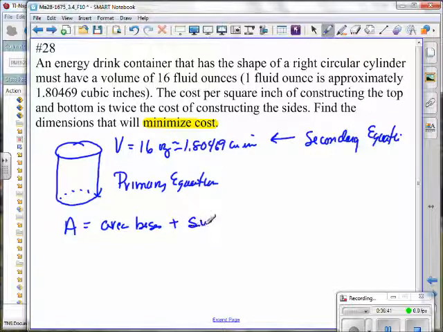Let me put that in. And that's the side of that. Now, I actually want to minimize cost. Is area really our primary, or do we need to put something else in there?